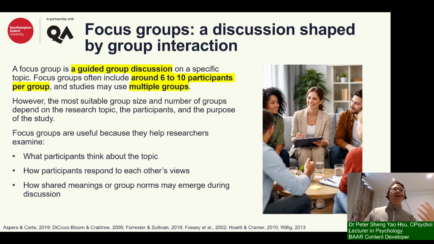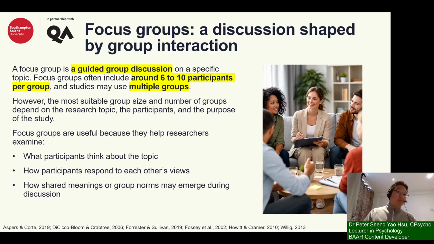For example, in a focus group about mature students' experience of university, one participant might say that recorded lectures are helpful because they can study after their children are asleep. Another participant might agree and add that recordings reduce pressure when work shifts change unexpectedly.